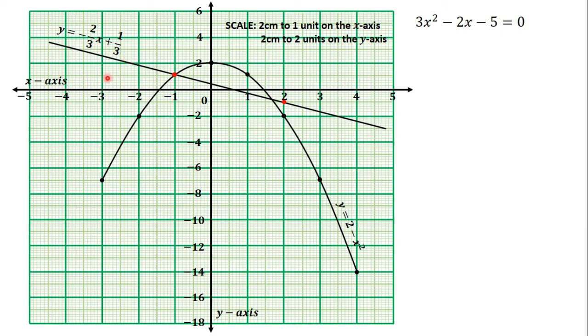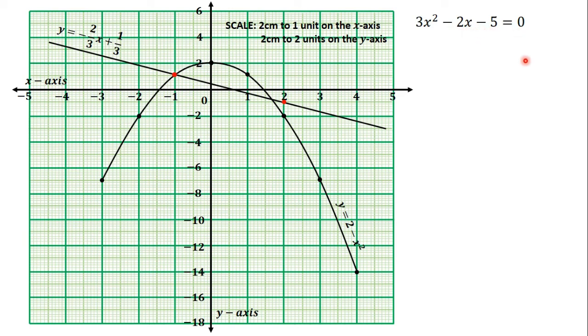So now on this graph sheet, we have the graph of the quadratic function y is equal to 2 minus x squared and the graph of the linear function y is equal to minus 2 divided by 3x plus 1 divided by 3. How do we use this graph to find the solution of the quadratic equation 3x squared minus 2x minus 5 is equal to 0?